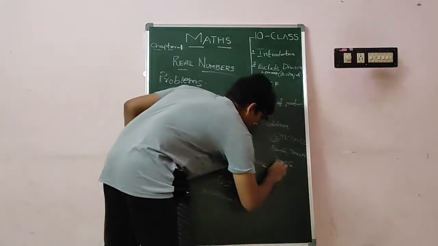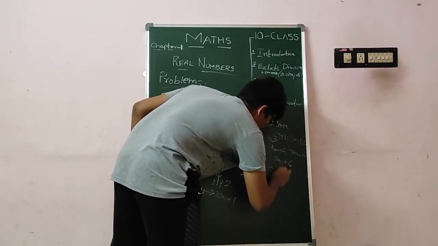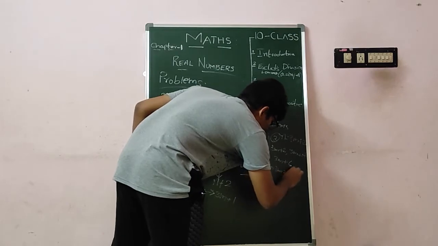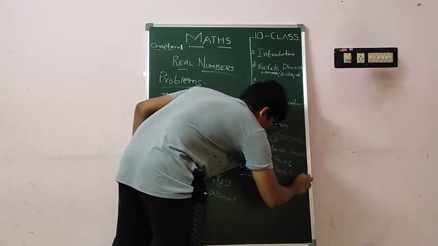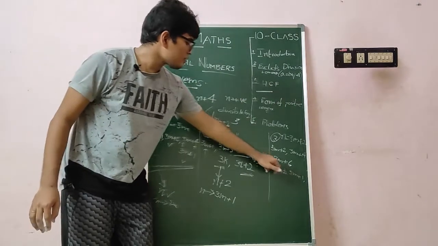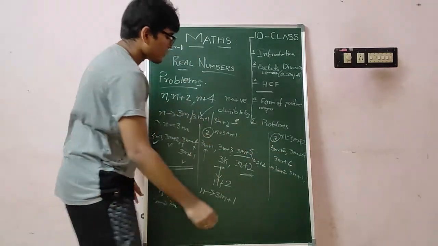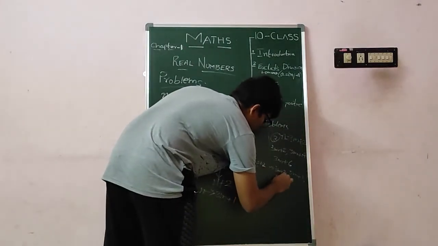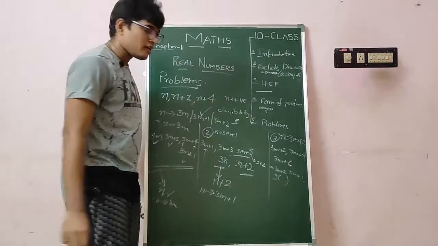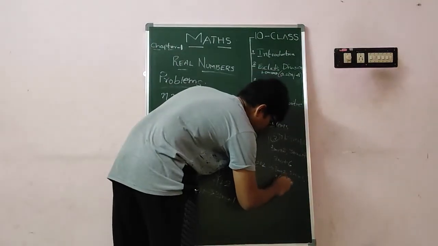So we can write it as, next step, 3m plus 2, 3m plus 1, and here see 3m plus 6. If we take 3 common, it will become 3 into m plus 2. That means another new constant, say k.